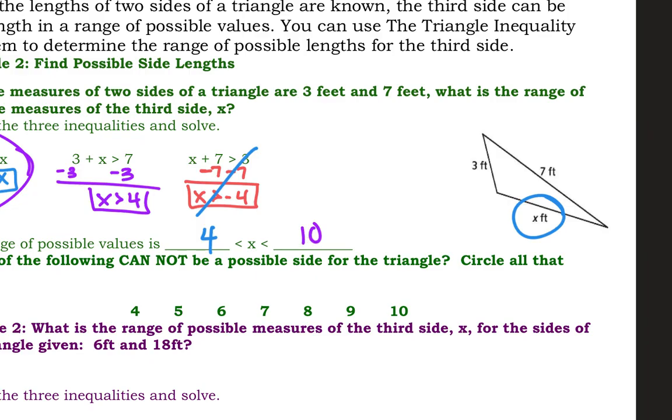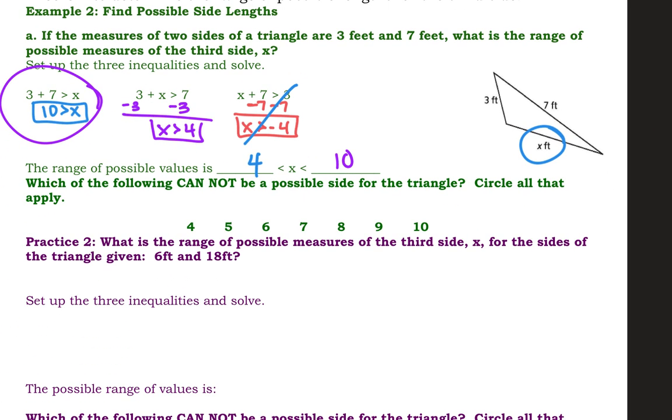No. Okay, so the next question says, which of the following cannot be a possible side length? Well, we already said it can't be 4 and it can't be 10, right? Which ones cannot be? What else can it not be? Can it be 5? Can it be 6, 7, 8, and 9, right? It could be all those. It just can't be 4 and it can't be 10. Could it be 11? No, because it's not in between.